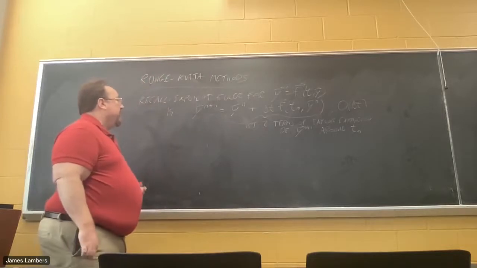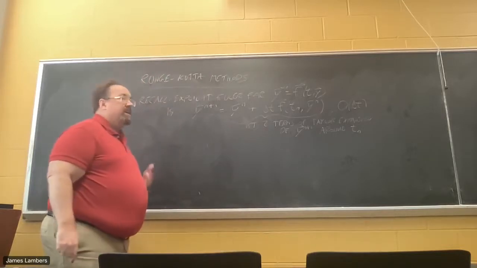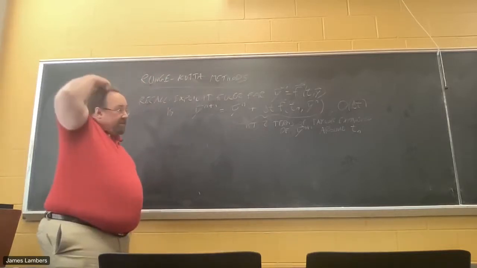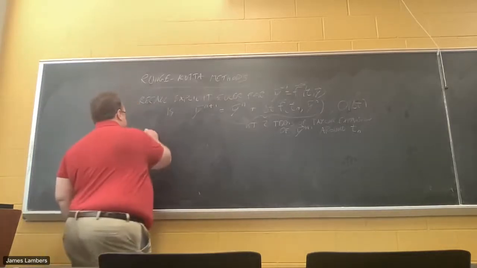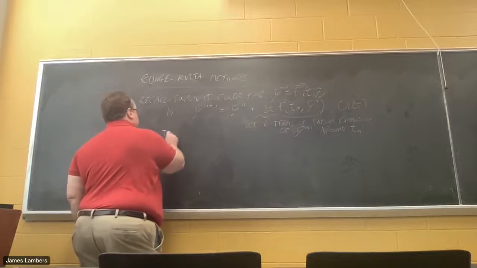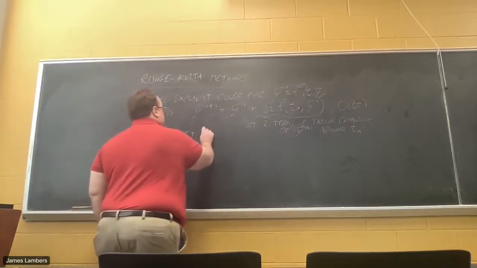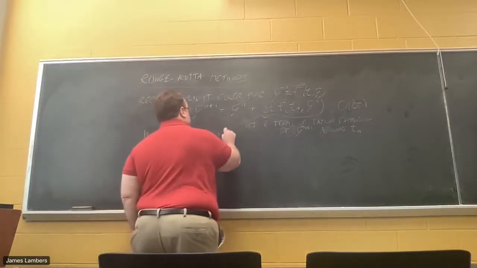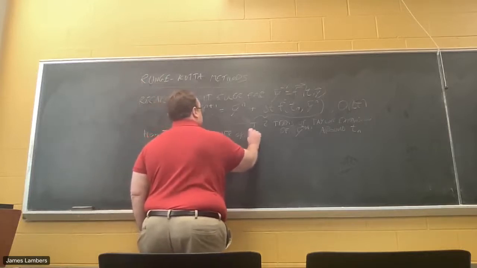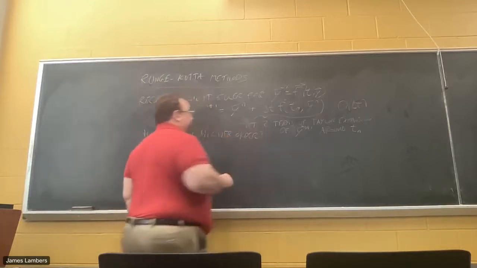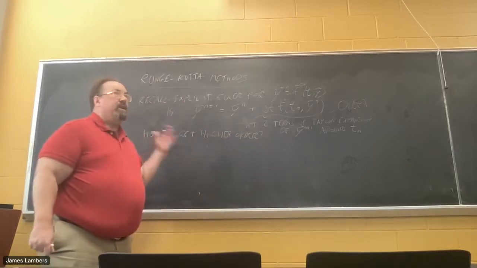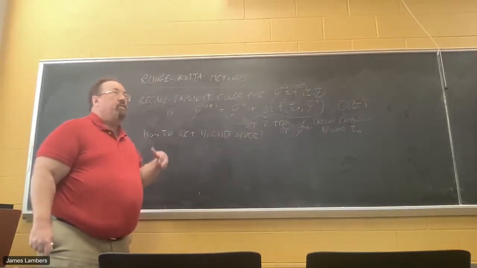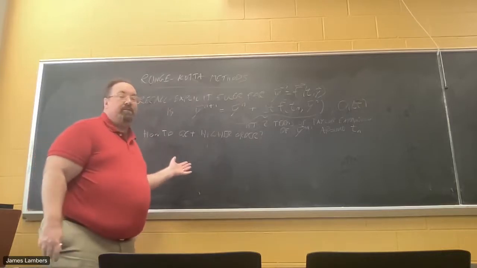So what we're going to look at today is what we can do to generalize this to get higher order. One way might be, if this method is based on taking the Taylor expansion but we stop after two terms, why not just include more terms?